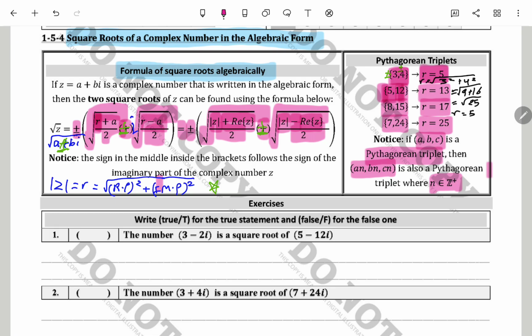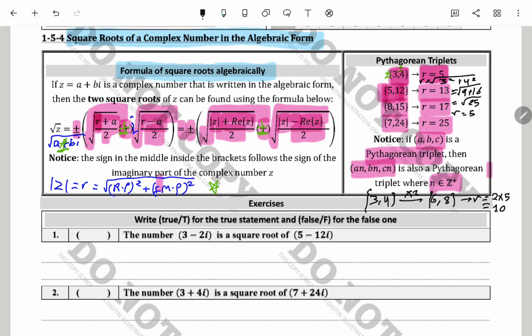For example, if you have 3 and 4 and you multiply them by 2, that will make it 6 and 8. You should multiply r by 2 also, and that will make r equal 2 times 5, which is 10. So this is a new Pythagorean triplet that can be used.